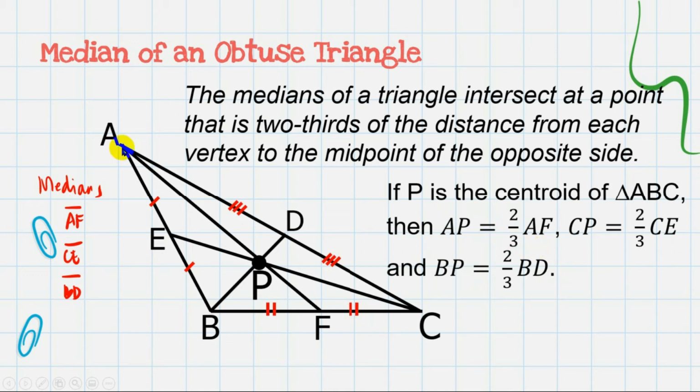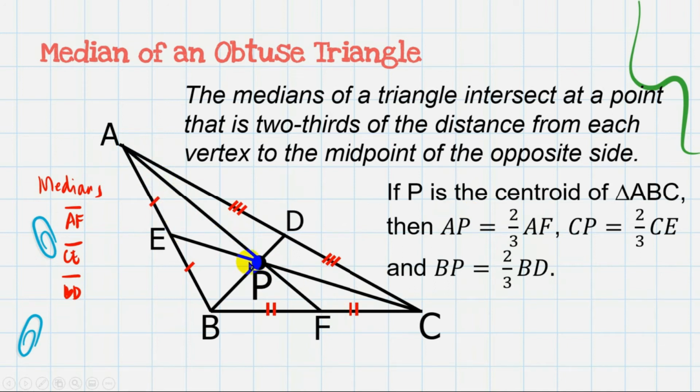Aside dun sa segment from vertex to centroid ay twice the measurement of the segment from centroid to midpoint. So, aside from that, ito pa po yun. That this segment from vertex to centroid is 2/3 of the measurement of the median. So, AP is equals to 2/3 AF. So, ang AF po yung median. 2/3 daw niyan ay itong line segment na ito.